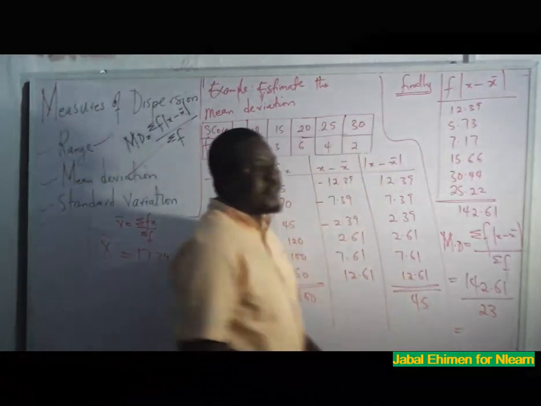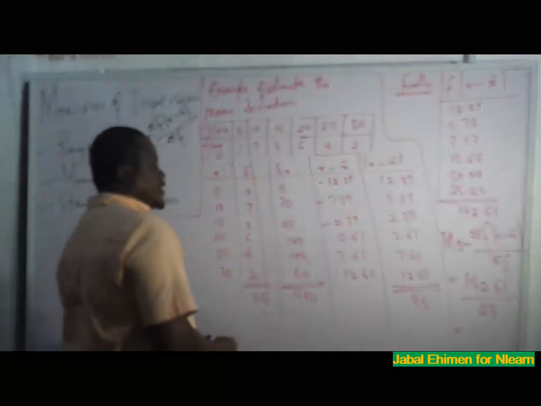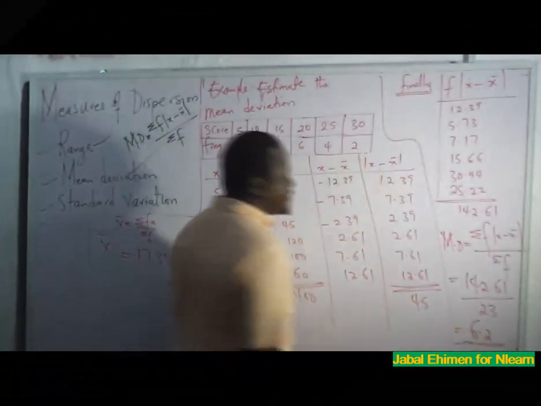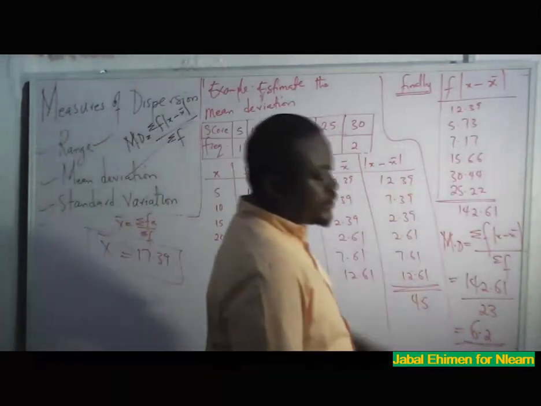So from there, the value of our MD now becomes 6.2. So that is the value of our mean deviation.